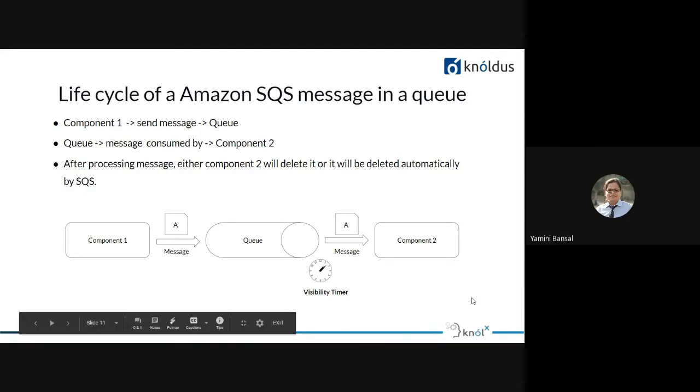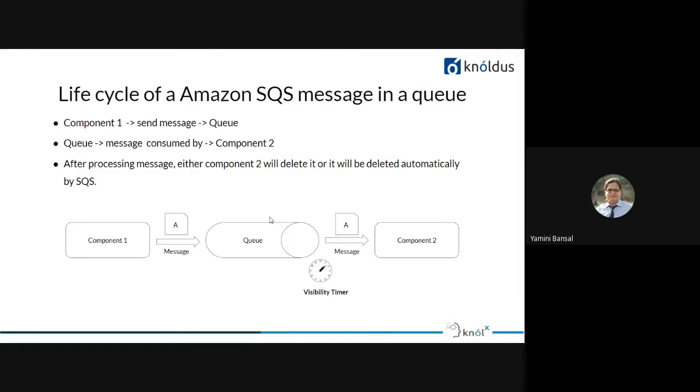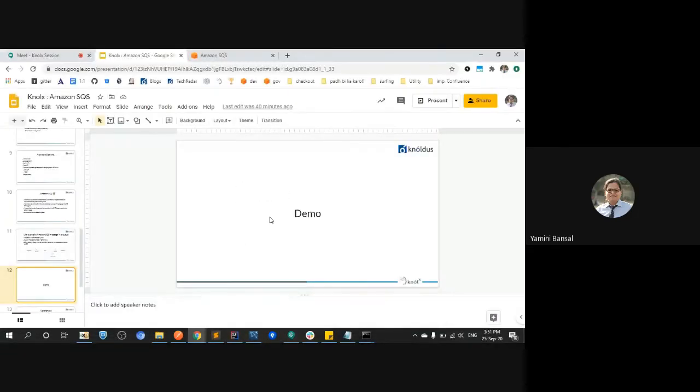So this is what Amazon SQS is all about, and it is a very user friendly queue service and very easy to use. So let's have a demo. I have a question.